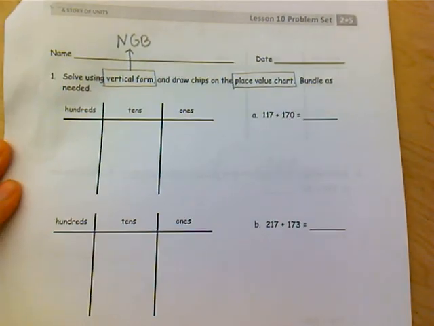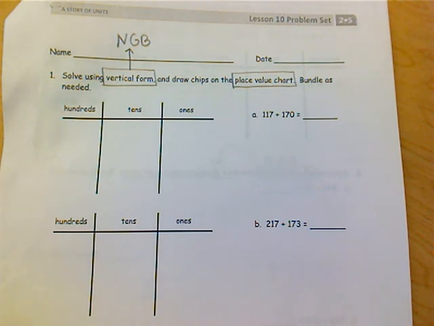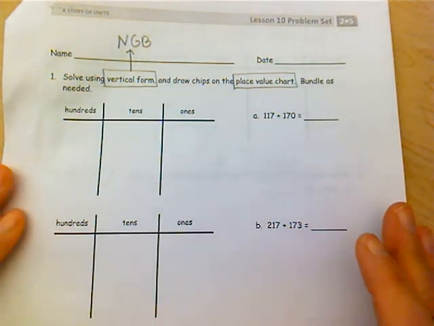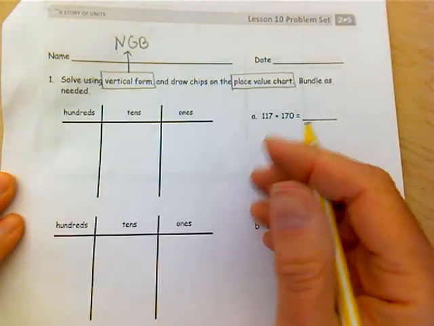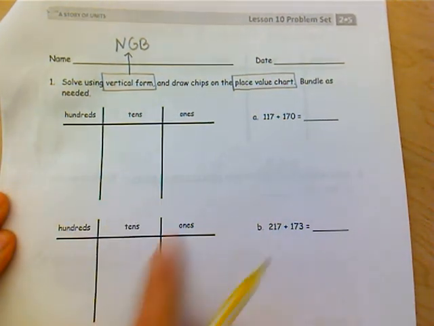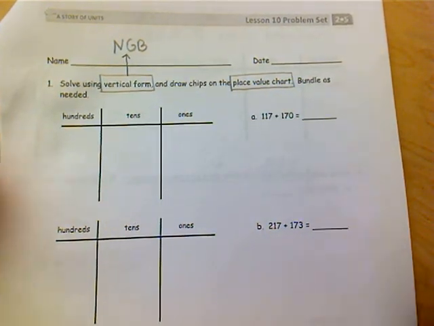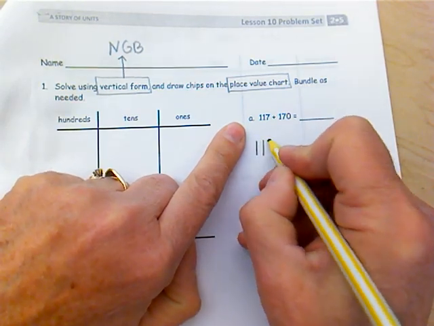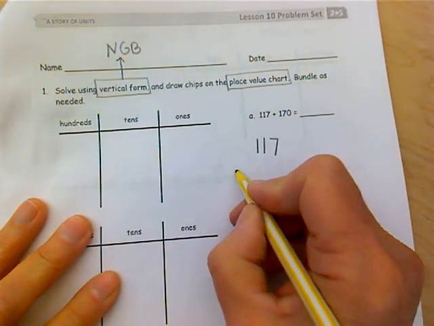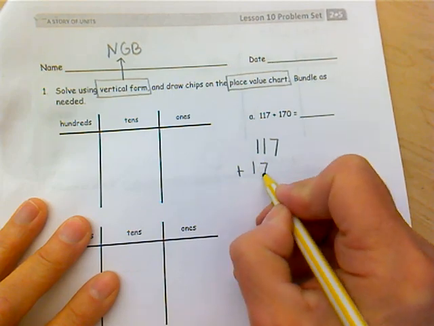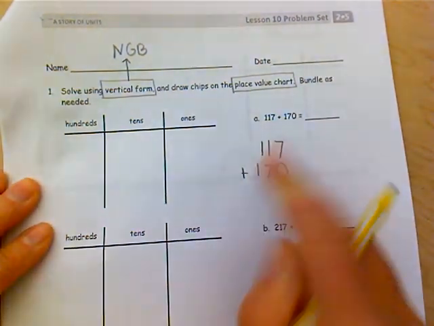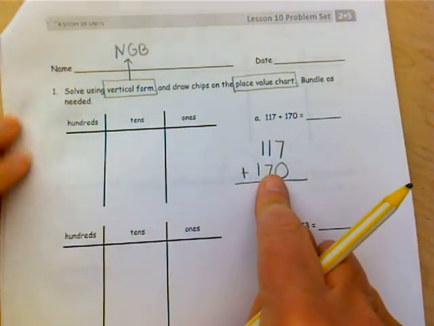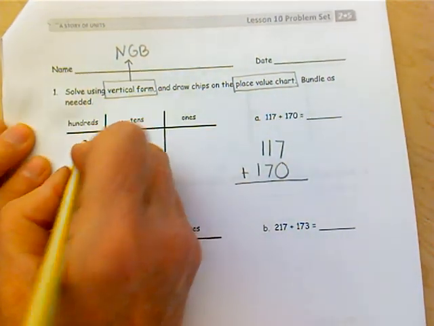Because they are asking me to use the chip model in these first 3 problems, I will use the chip model. And I would like you to as well. On the ones where they didn't provide it, if you want to do it without, that would be fine with me. I'm going to set up my vertical model here. 117 plus 170. I'm going to put both of my parts into my chip model.